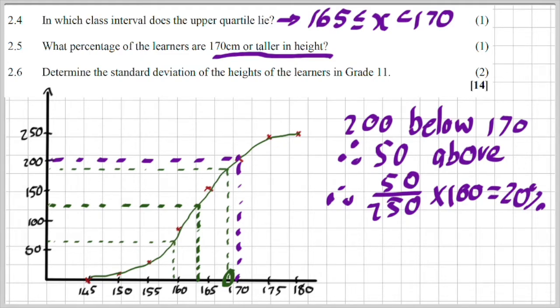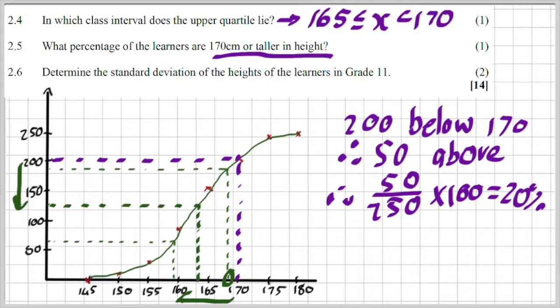So 20% of the people are above or taller than 170 centimeters. So please get this, ladies and gents. If I read off an N value, a cumulative frequency, that always gives me below 170. So that 200 is how many people are up to 1.7 meters tall, 170 centimeters.